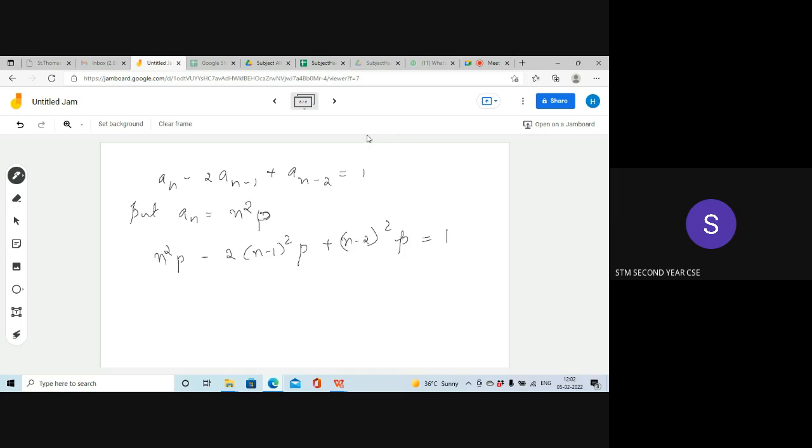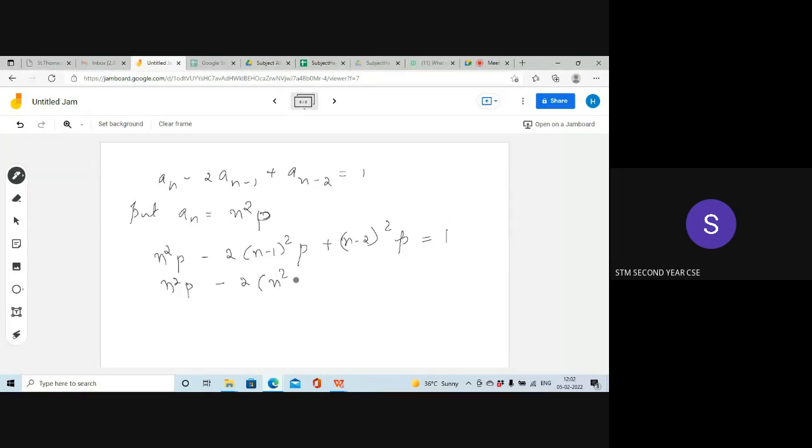Okay. When you solve this equation, what will you get? You get n square p minus 2 into n minus 1 the whole square. What is a minus b the whole square?